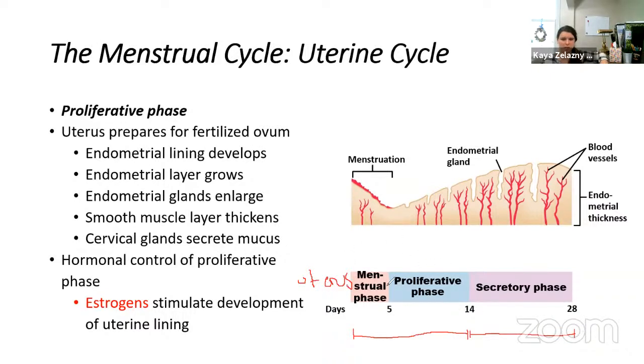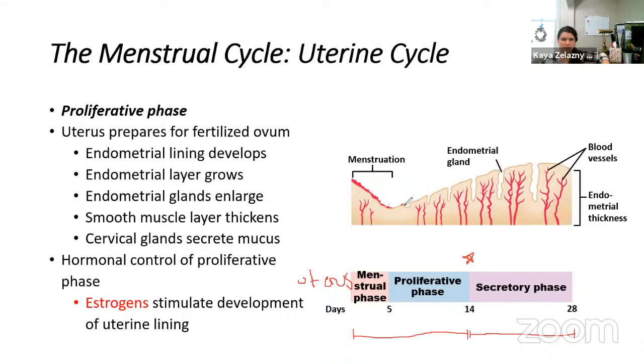Okay, so after menstruation ceases, the uterus basically starts to grow back because we're hoping to receive an egg during ovulation. So the endometrial lining is going to start to develop again. We're going to recreate this layer that we just shed.